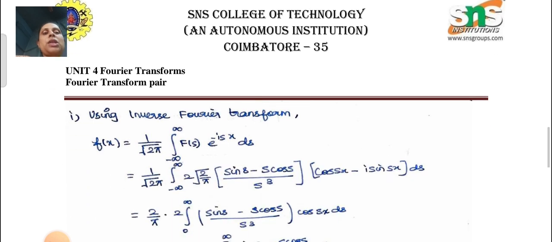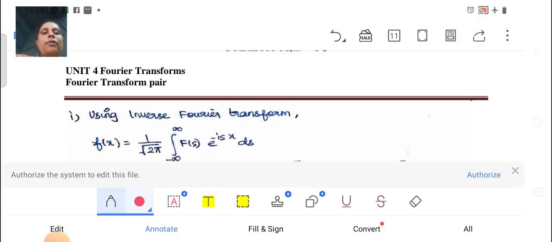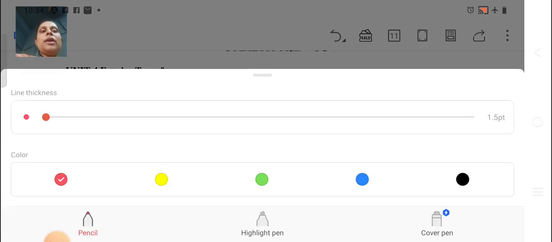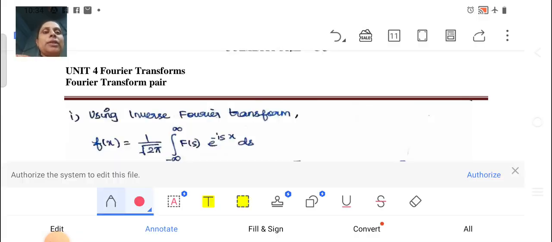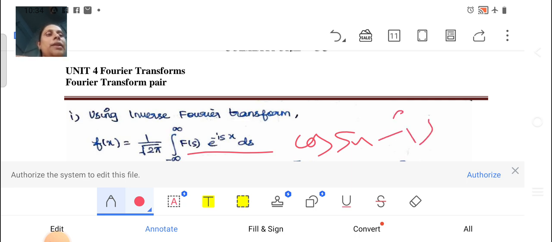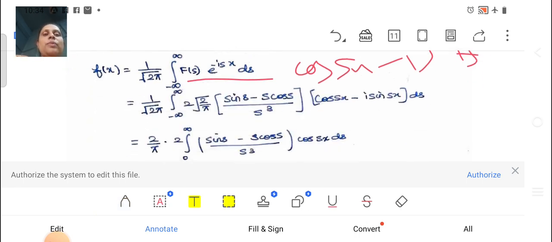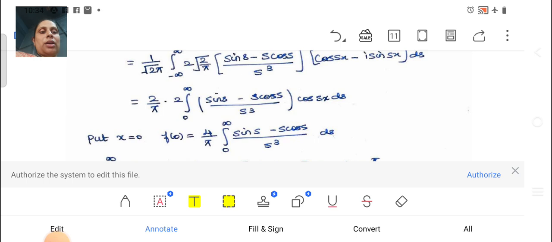Next we want to use the inverse Fourier transform. What is the inverse Fourier transform formula? Here e^(isx) is nothing but cos sx − i sin sx. The same procedure: first we split the real and imaginary parts.